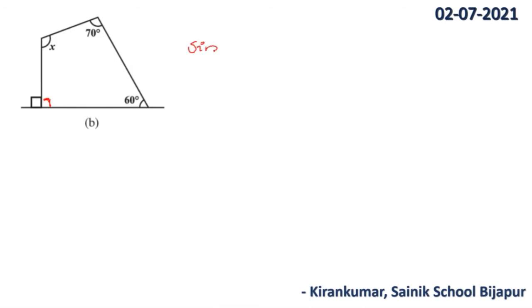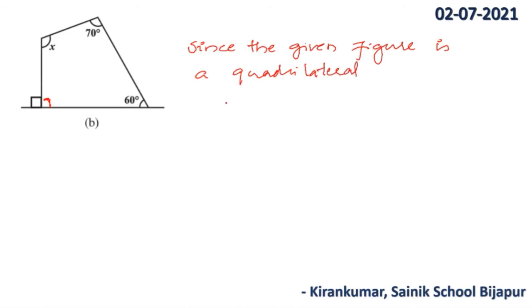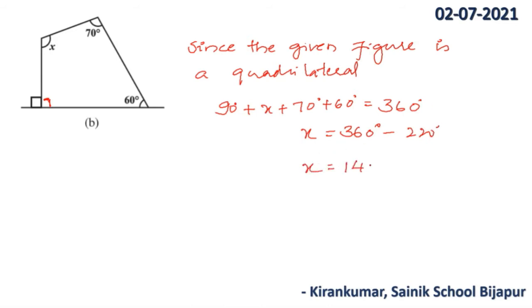Since the given figure is a quadrilateral, we have 90 degrees plus x plus 70 degrees plus 60 degrees equal to 360 degrees. So the value of x is 360 minus the sum, which is 220 degrees. So the value of x is 140 degrees.